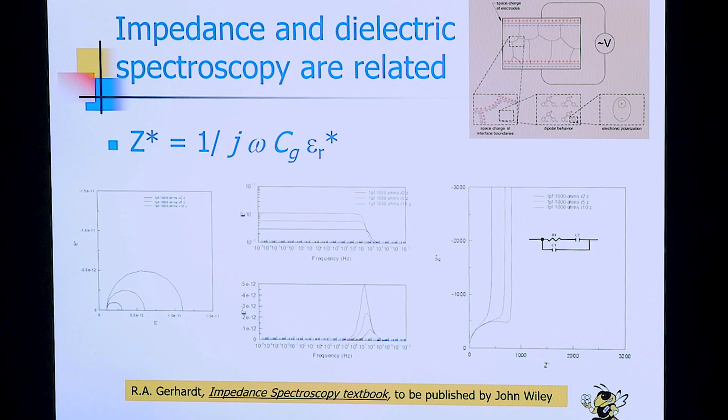And so what I have here is essentially the complex permittivity plane, where everybody knows that if you have a Debye circuit, you are going to get a semicircle. And of course, if you change the value of the time constant, then you are going to change the size.